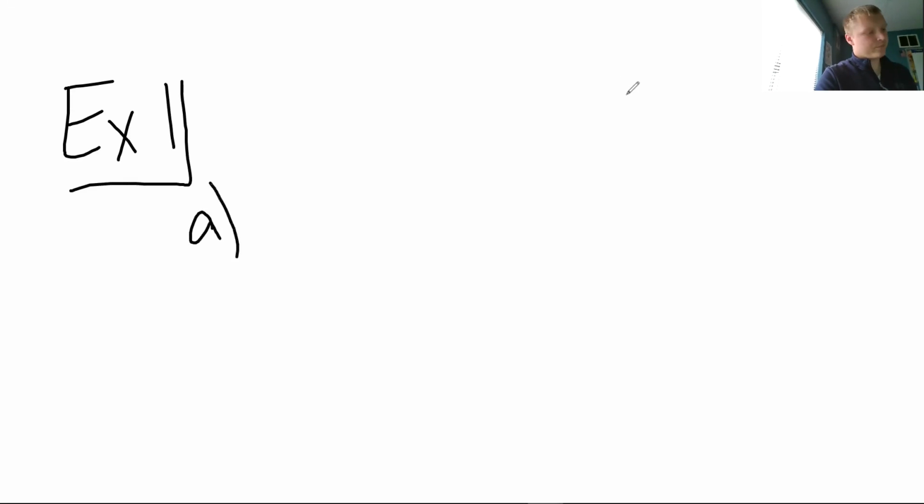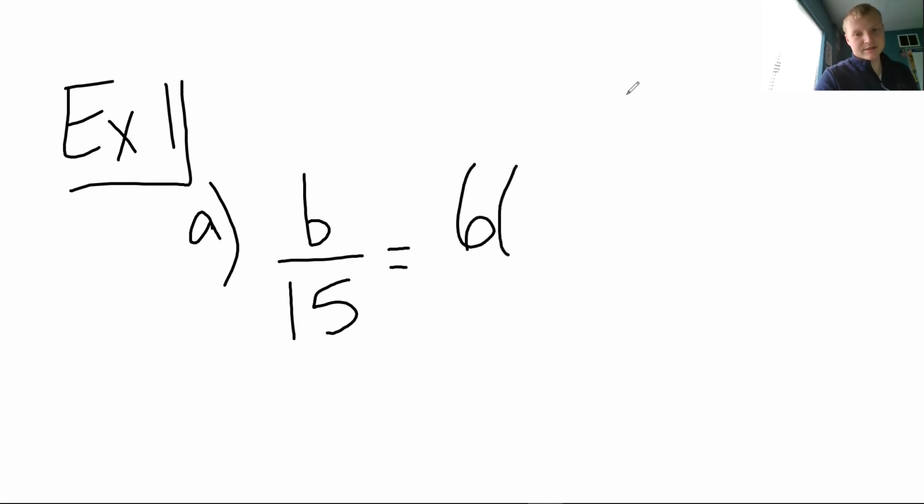So solving proportions. So example 1, letter A. I have B over 15 equals 66 over 90. For these ones, especially these, you guys are going to have decimals in yours.